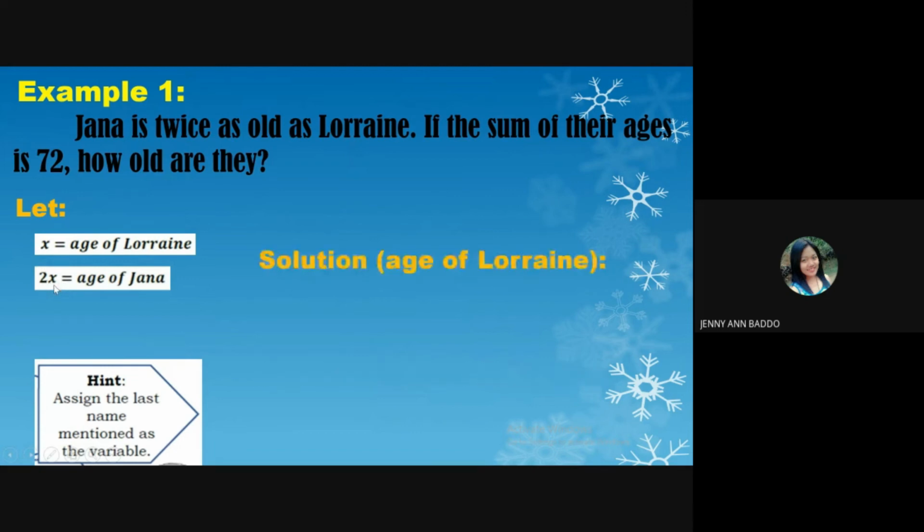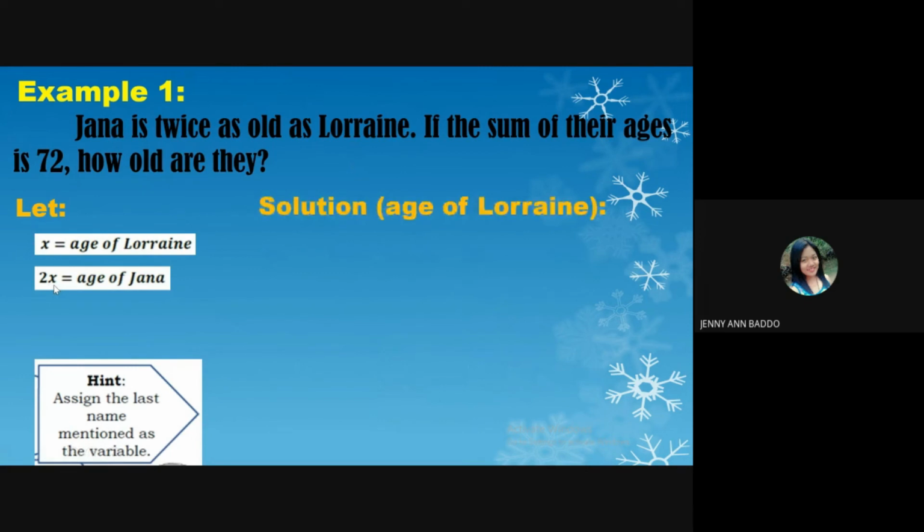Then for the solution, let us solve first for the age of Lorraine, or the variable x. For the working equation, the sum of their ages is 72. So we're going to add their ages, x and 2x. So that's x plus 2x equals 72.